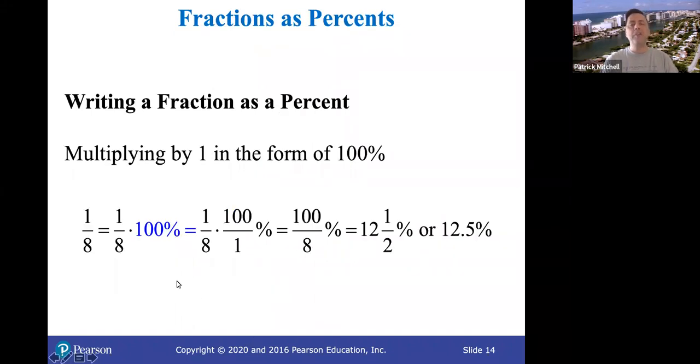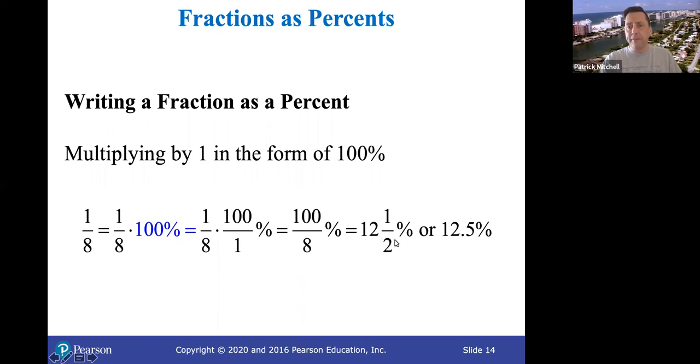All right, similarly, to write a fraction as a percent, you do the exact same thing. You multiply by 1 in the form of 100%. So for example, 1/8, I'm going to multiply 1/8 by 100%. Notice that I'm keeping the percent sign in every single step of this. 1/8 times 100/1 is 100/8.